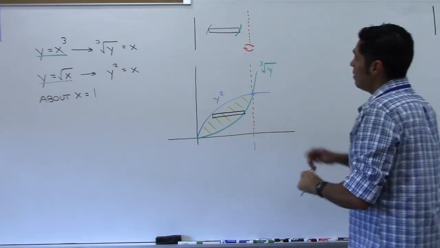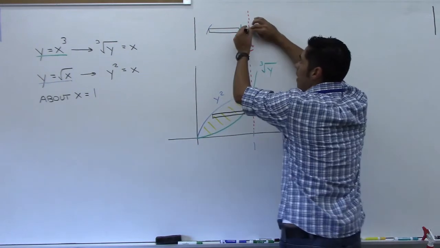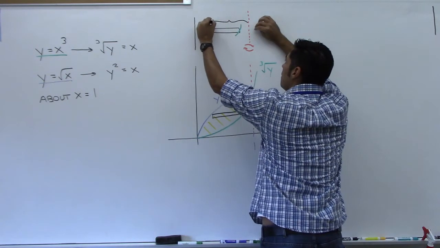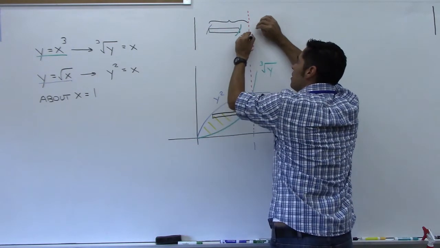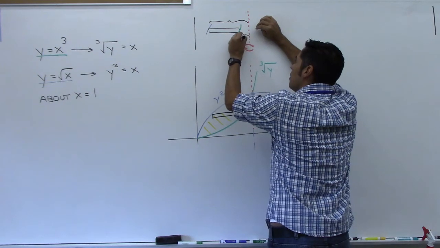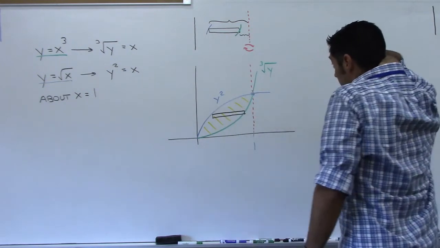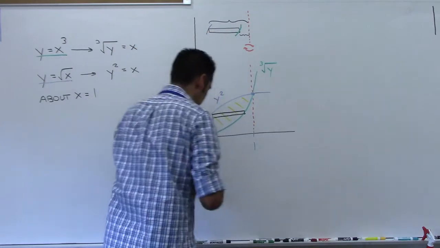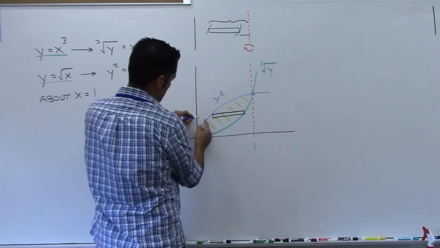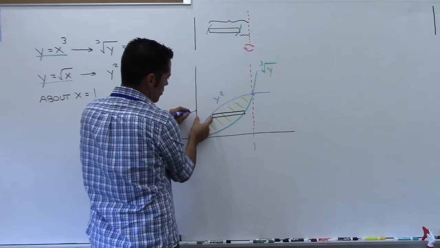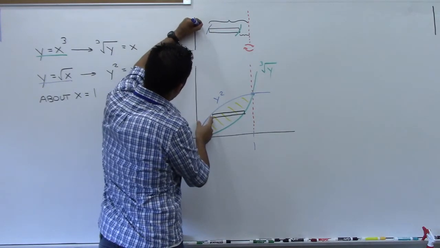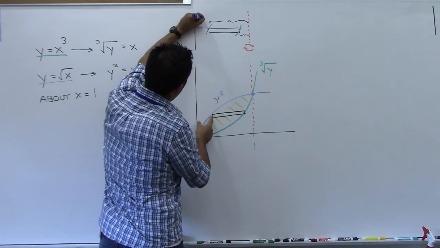So I stand on the axis of rotation. I look out to the farthest edge of my rectangle, which is right here. I have to figure out that distance. Then I have to figure out the distance from here to here. Well, we know that the distance from the y-axis to here, to the blue, is the function of y. So I know that from here to here is y squared.